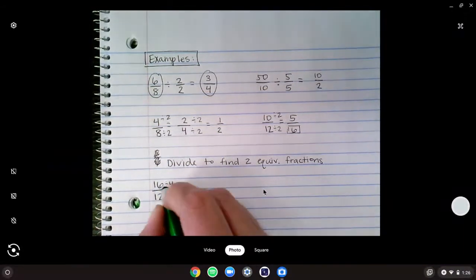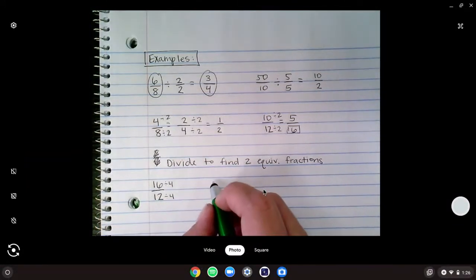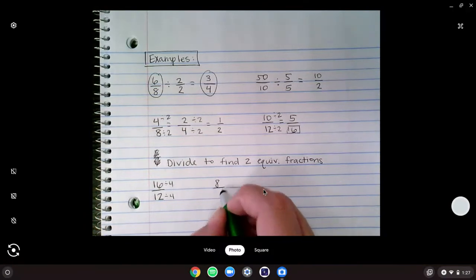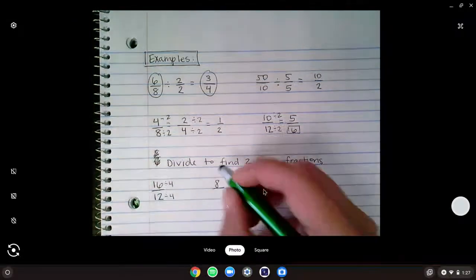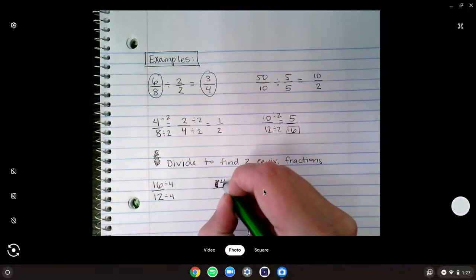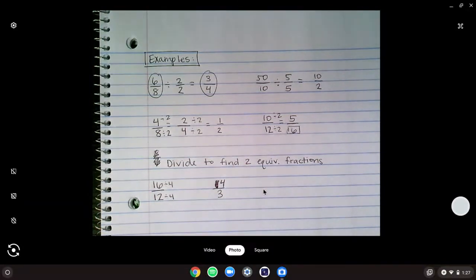I can do 16 divided by 4, which gets us 4, and 12 divided by 4 gets 3. So 4/3. Good. That was my fault. I got a little tripped up in there too. All right. We can do divided by 4. That's 1. What else could we do?